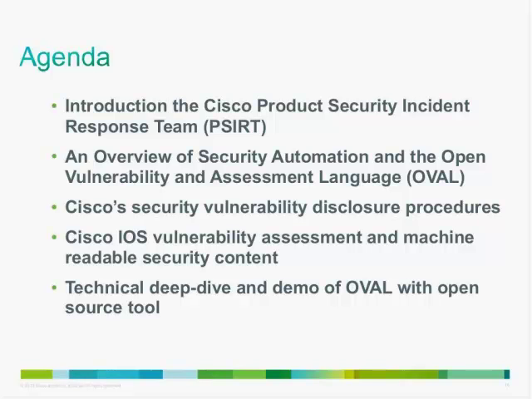We will also cover another standard called CVRF later in the presentation. We will then talk more about what the vulnerability assessment and machine readable content strategy from Cisco currently is and what we see in the future. And at the end, we would like to do a technical deep dive and a demo of OVAL and how you can use our OVAL content to evaluate and do assessment in your network for iOS devices.